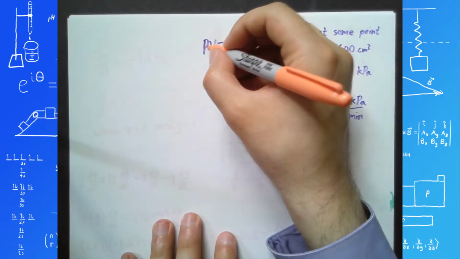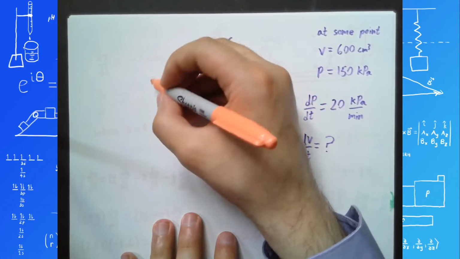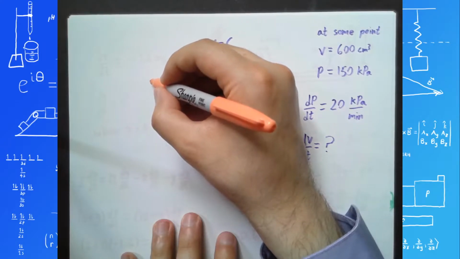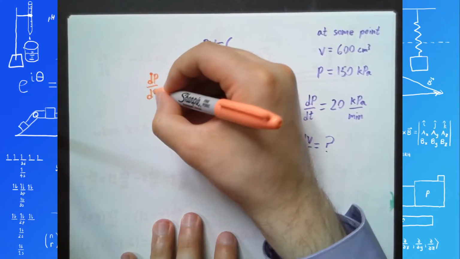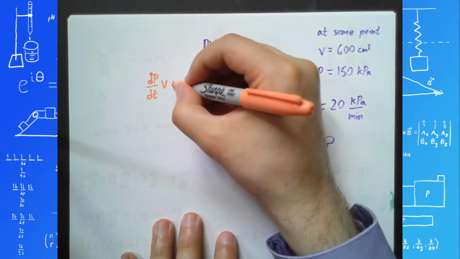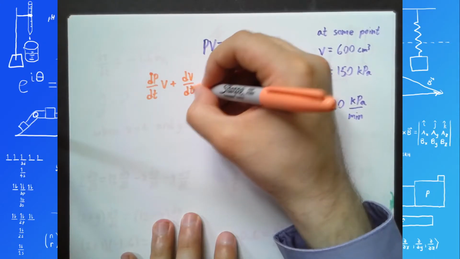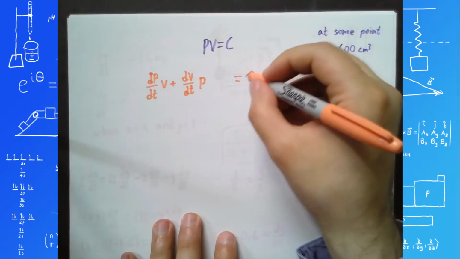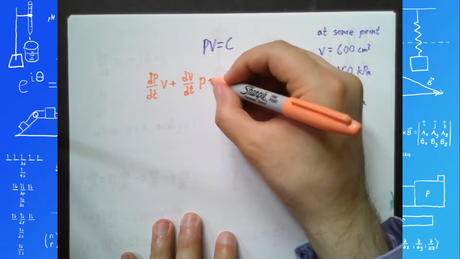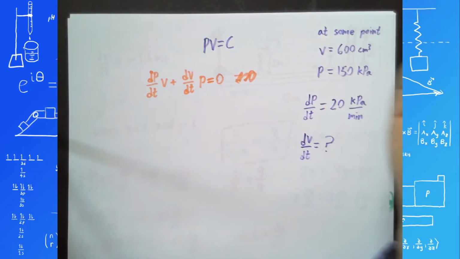So derivative of pressure times volume plus derivative of volume times pressure. Simple product rule. dP dt times V plus dV dt times P. And I guess, just to make it look nicer, I'll move the equals 0 closer.